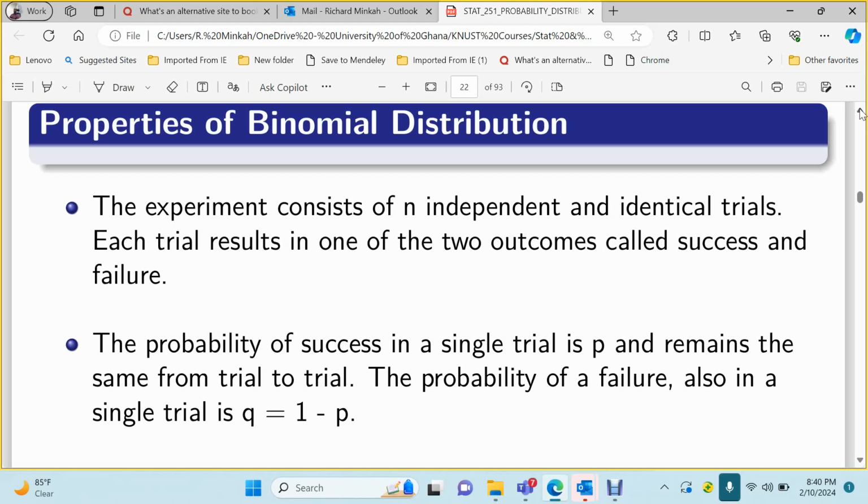If we say independent, my first trial should not have any effect on my second trial. Each trial results in two possible outcomes. That's why we say it's a collection of Bernoulli processes or Bernoulli trials. Then the probability of success in each trial is P, and it remains constant throughout the trials. Why is it so? If I'm using a fair coin, the probability that I get a head is half, so it should be half for each trial that I do.